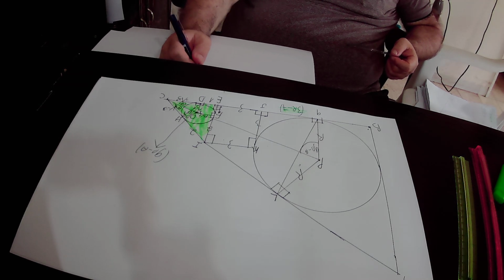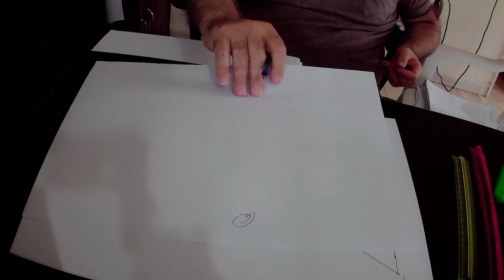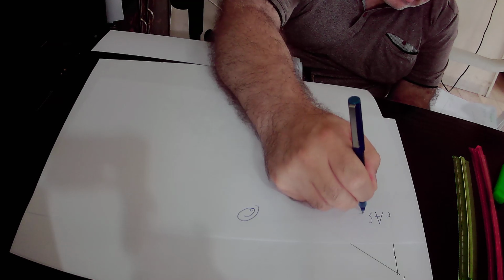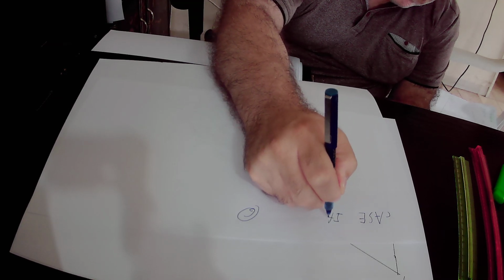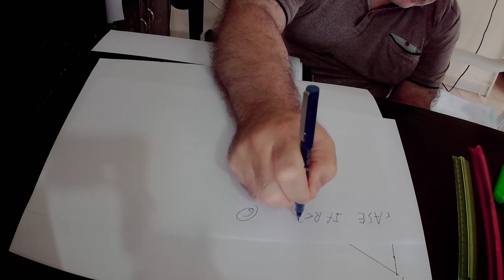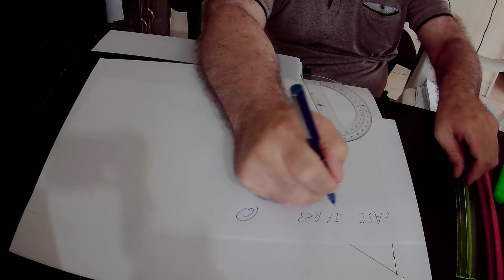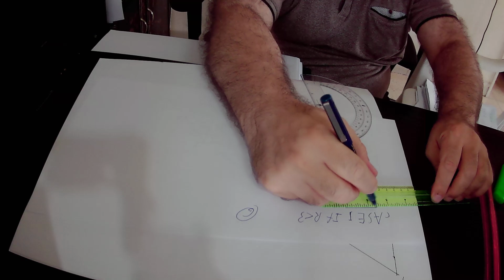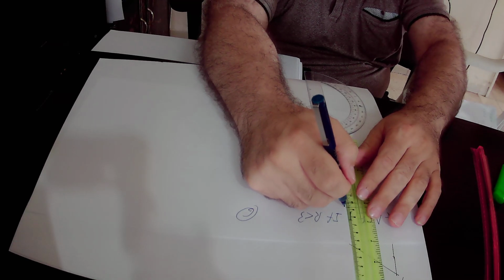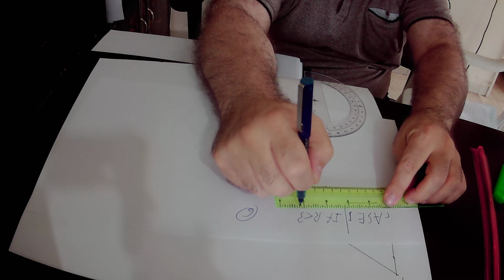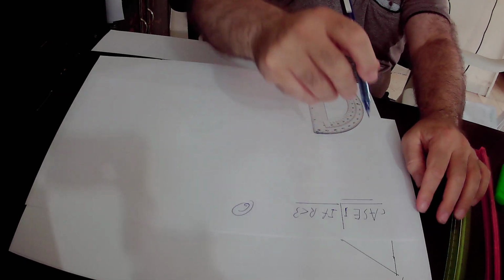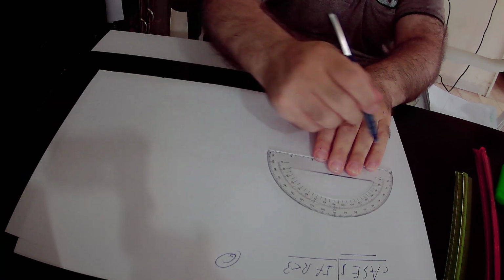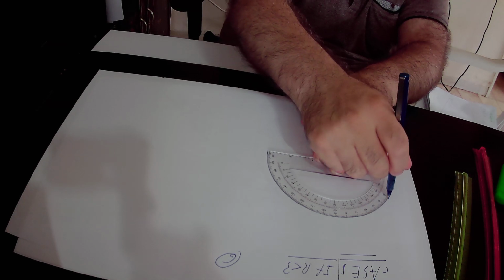So we will examine the first case. If R is less than 3 units, this is case number 1. Then we will have a circle with a radius that is less than 3 units.